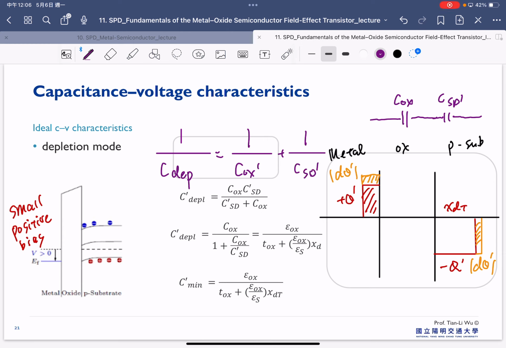Now under the depletion mode, once we have a small positive bias, we start to have a depletion, and we also have to consider the additional depletion capacitance here. So we can expect our CV curve is now changed.